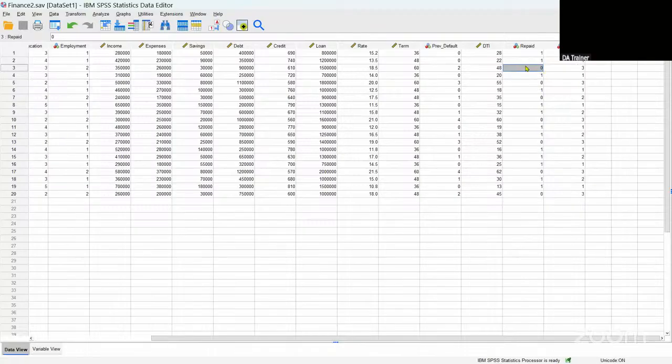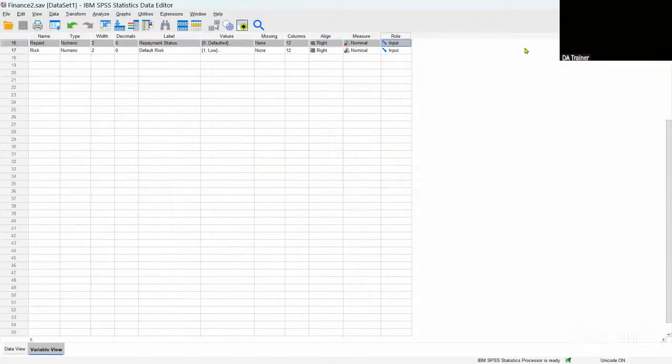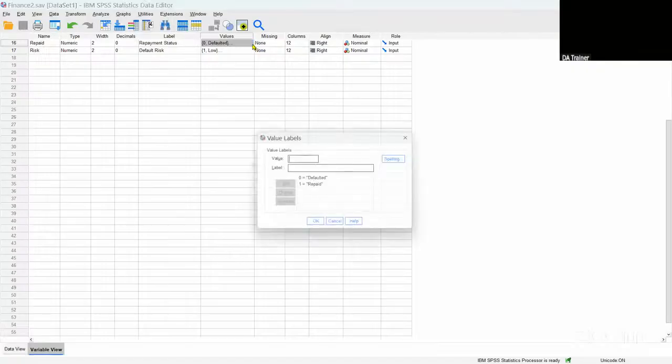Okay, I'm seeing we used 0 to represent default. So let's change the data set. Just double click. It will take us to where we can change it immediately. Now let's change the values to 1 and 2.